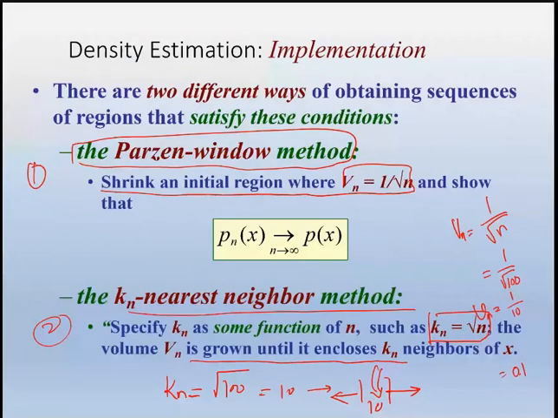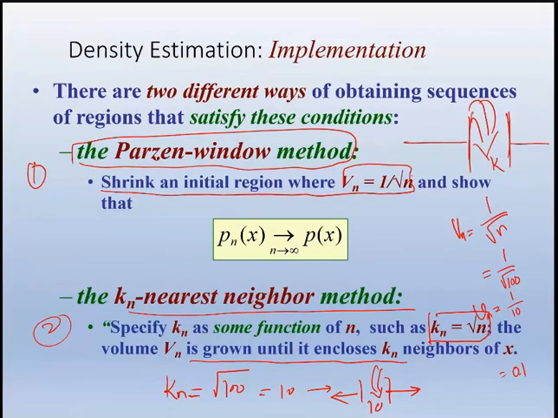In this Parzen window, we fix the window size, or the volume, equal to 1 by root n, and see how many samples fall into it.